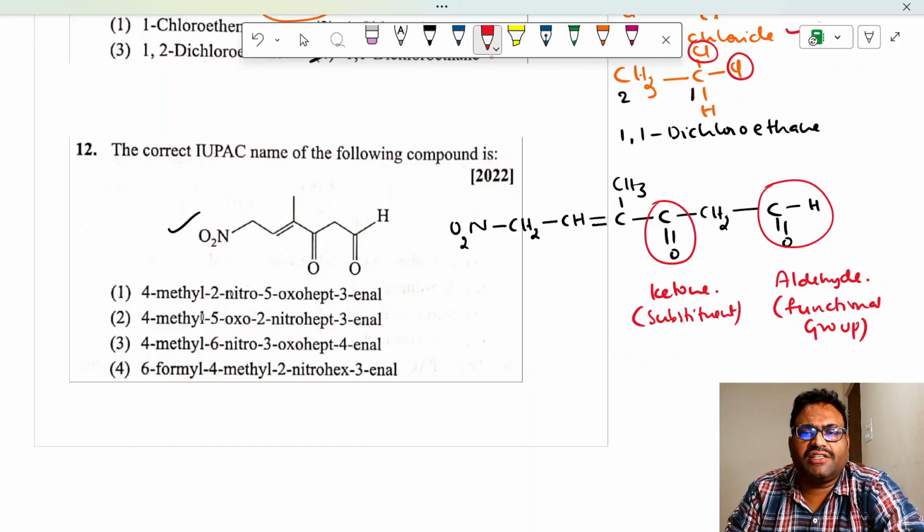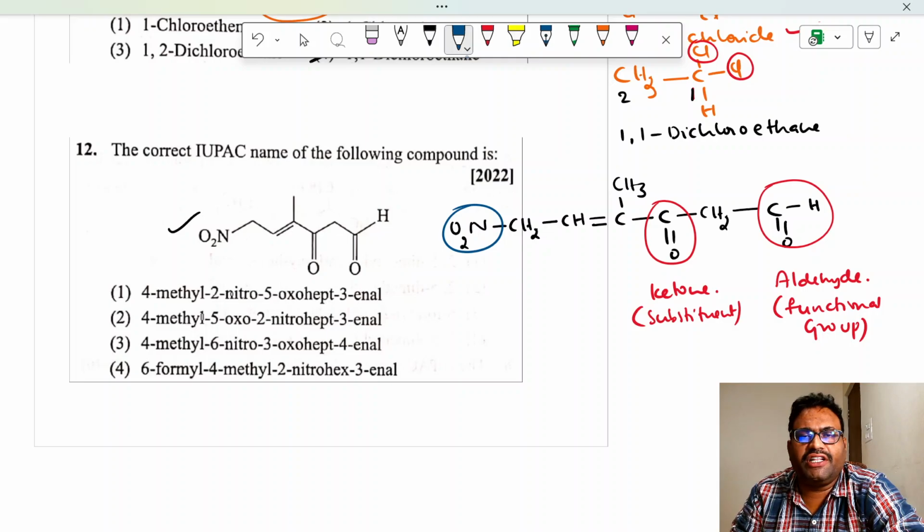Here there is another substituent also. What is that other substituent? The other substituent is nitro. Okay. And we have studied that if the functional group contains carbon, the numbering is to be started from that carbon when you are numbering the parent chain.